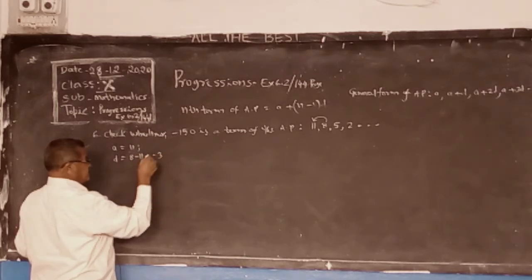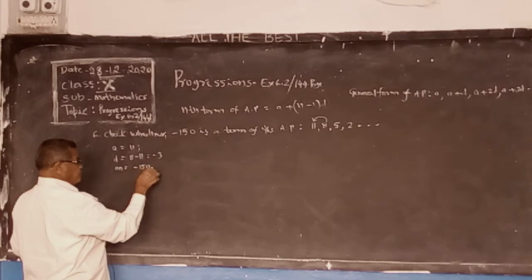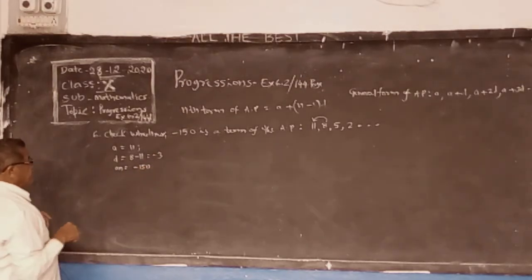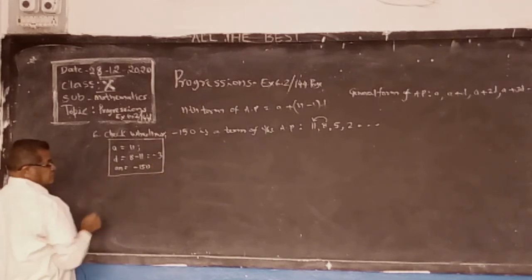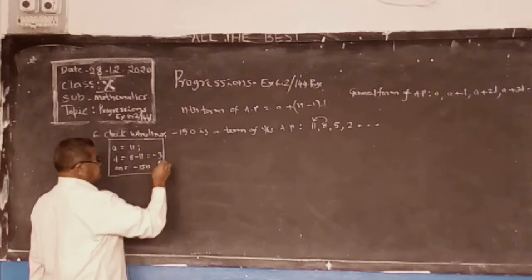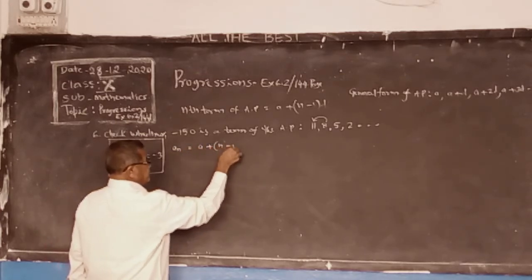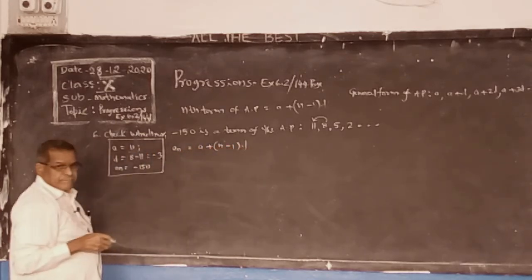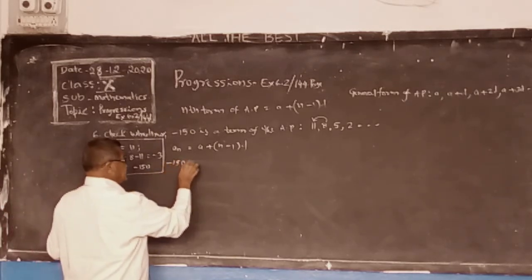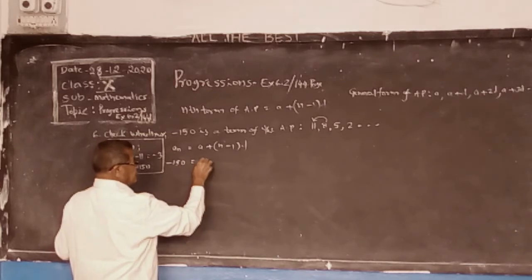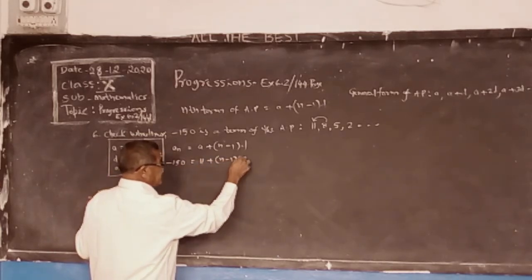So d is minus 3 and an is minus 150. Yes, substitute. an is equal to a plus (n minus 1) d. an is minus 150, the a value is 11, n we don't know, the d value is minus 3.